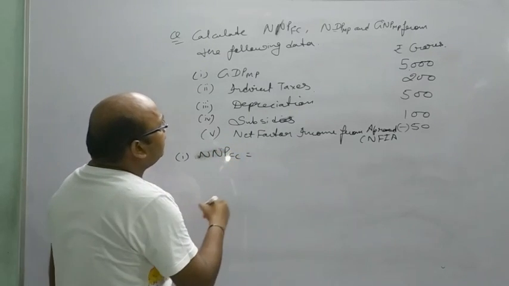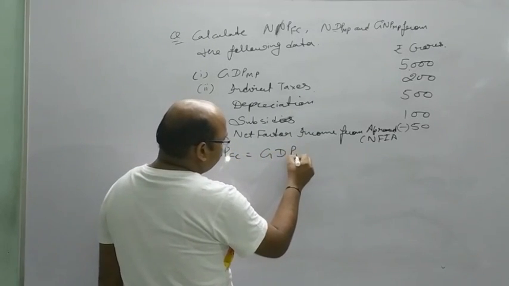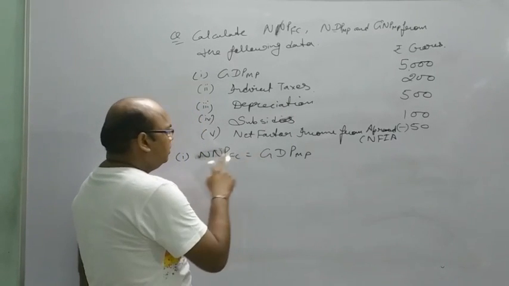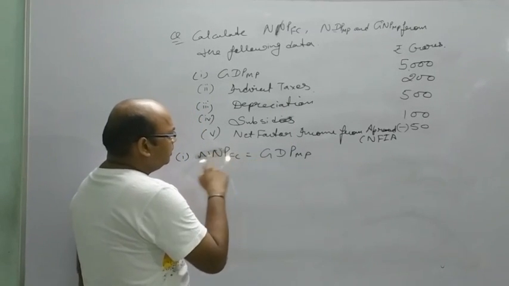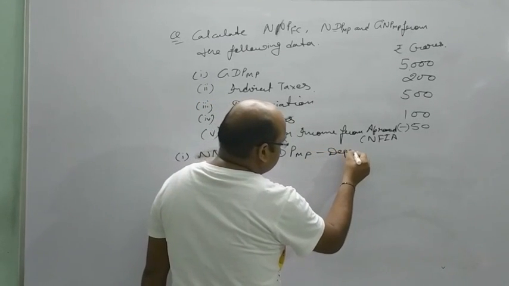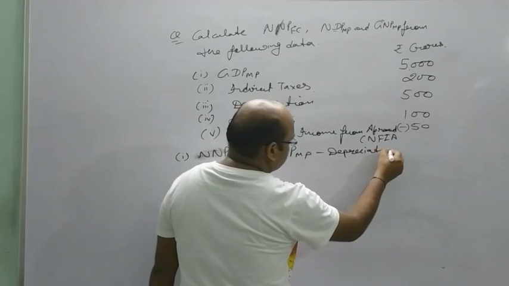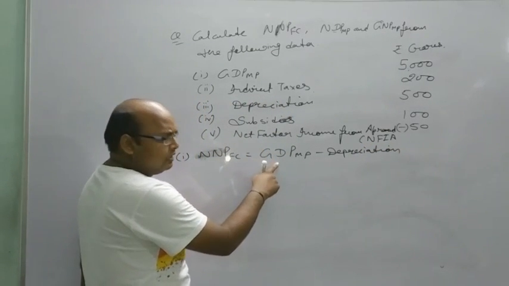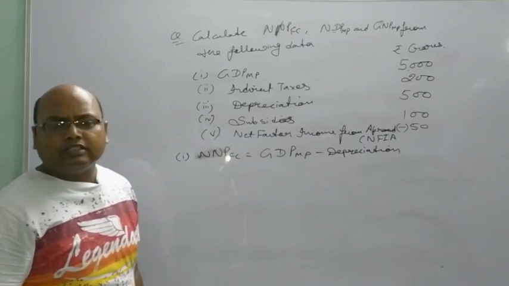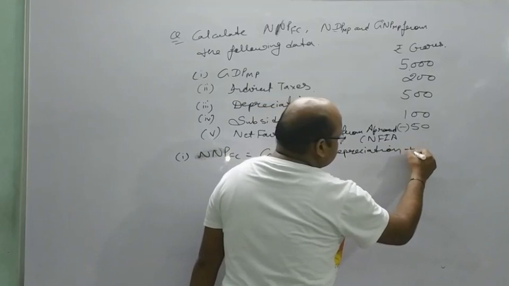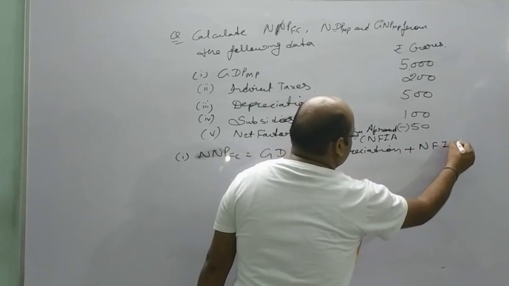First we calculate NNPFC. We have GDPMP. Net and gross have the relation of depreciation: net is equal to gross minus depreciation. National and domestic have the relation of NFIA: national is equal to domestic plus NFIA.